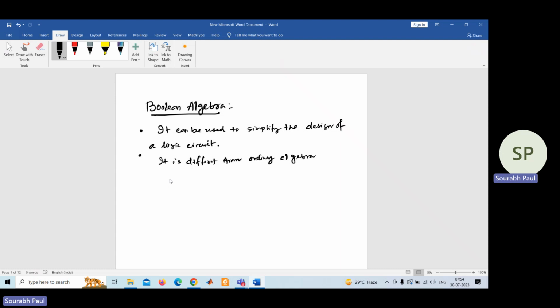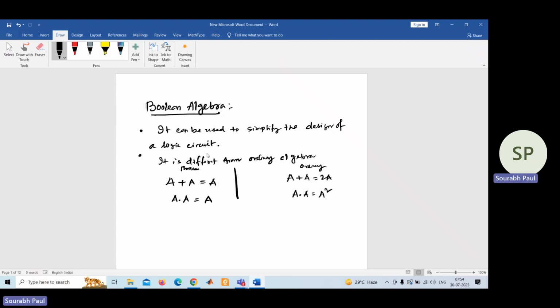Suppose in Boolean, if you have a variable A and you do the OR operation with A, the result is only A, whereas in ordinary algebra, if A is there and we add A, that is 2A. Likewise, if you do the AND operation, again the result is A, whereas in ordinary algebra, multiplication gives A square. This side is for ordinary and this side is for Boolean.